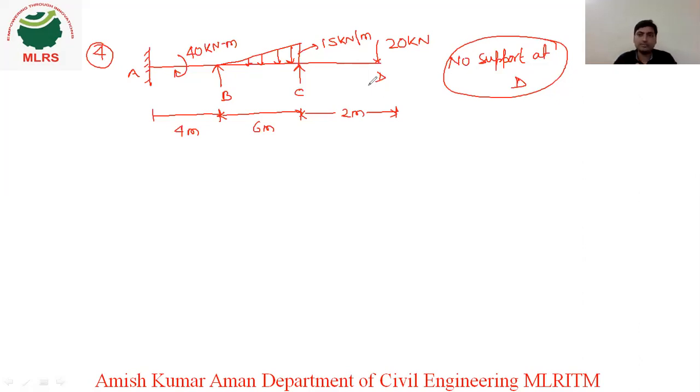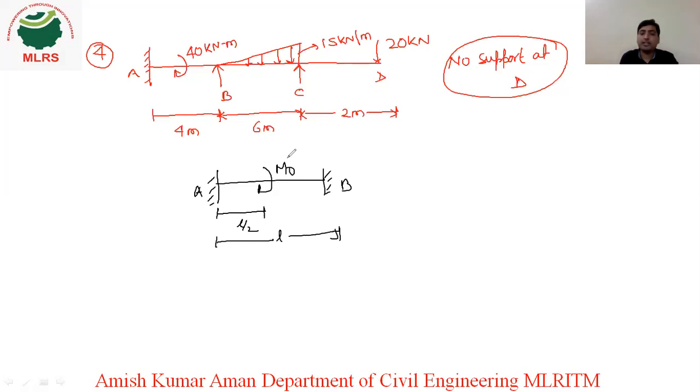So let's start with the first step, that is the calculation of fixed end moment. Before starting that, let's call this A, let's call this B, and there is a moment here, let's call it M naught, acting at L by 2, and the total span is L. When M naught is given, we will calculate the fixed end moments MFAB and MFBA.